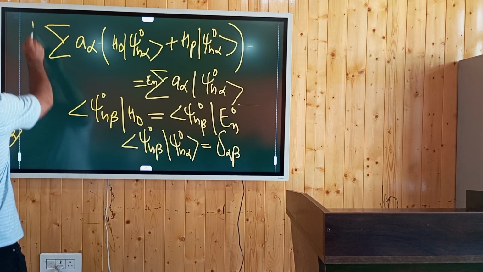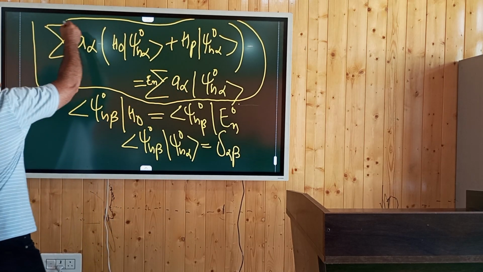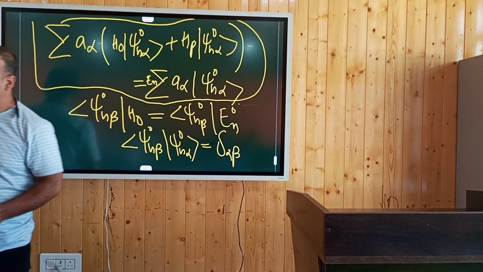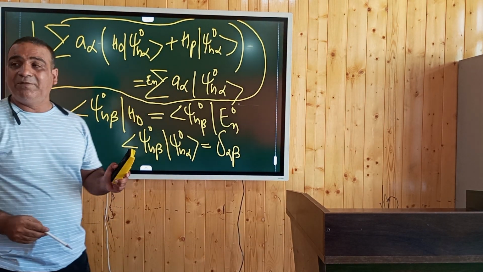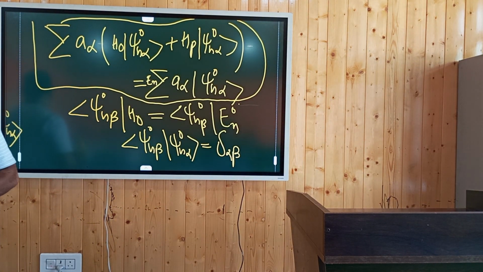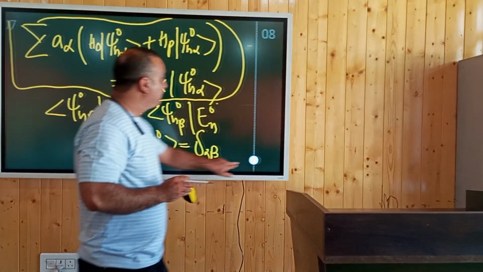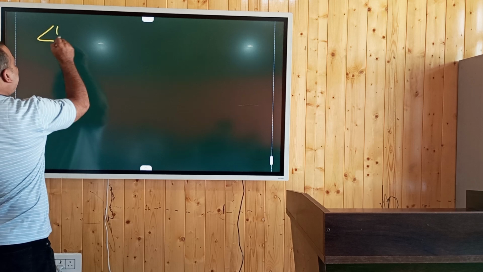Now, this is my original equation. And what I will do is multiply this equation from the left by the bra ψ_β⁰. Is this clear? Yes, come on, so move on. So what will you have?